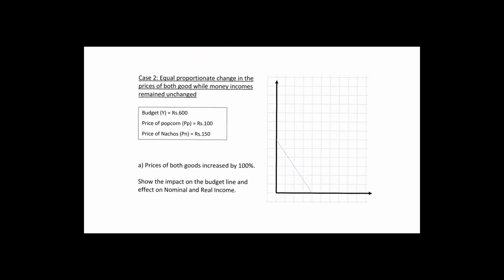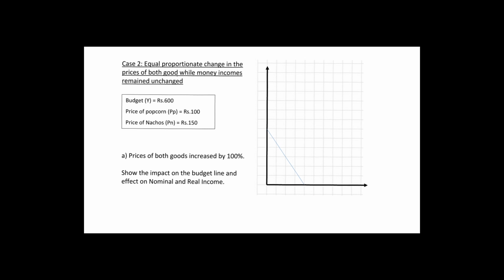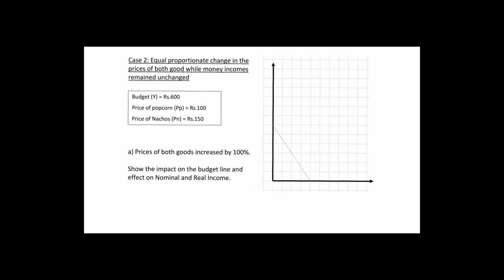Moving on. Second case, let's take a look. Same popcorns up here, nachos down here, 6 or 4, as our original budget line was already given to us. Now what has happened is they're saying that the price of both goods have increased by 100%. So 100% means that the prices have gone up twofold, to 200.